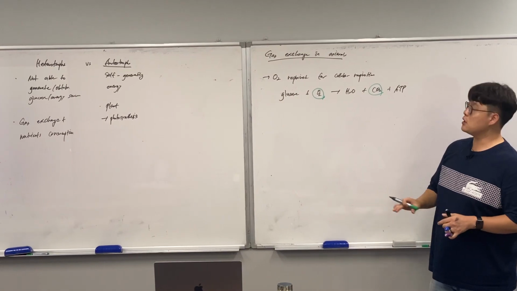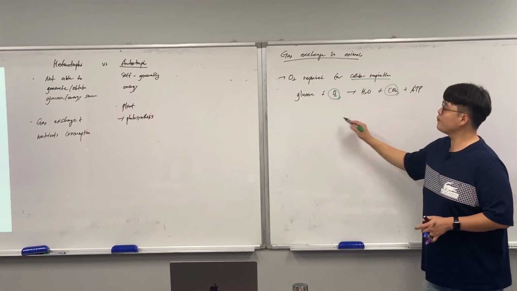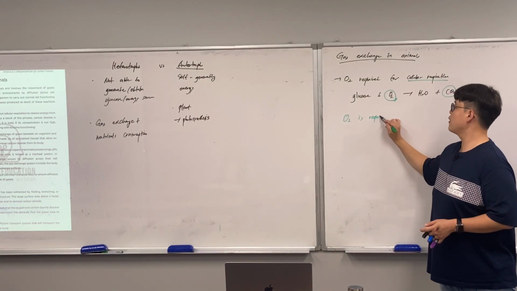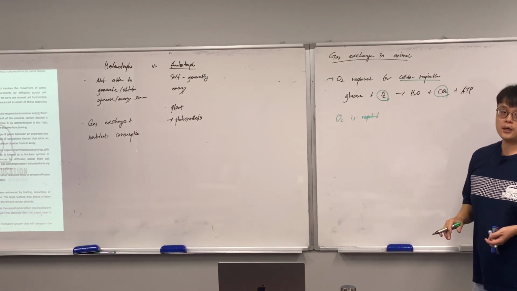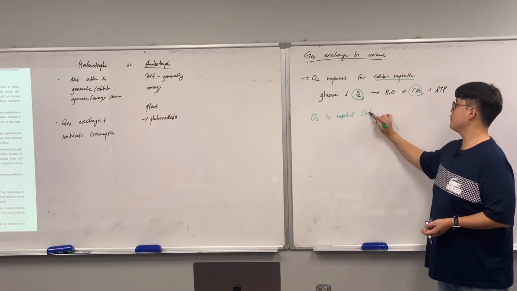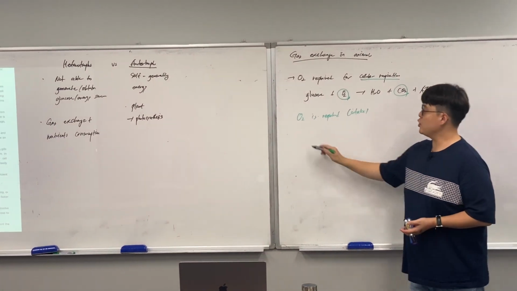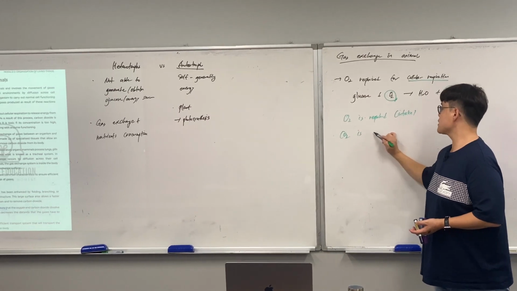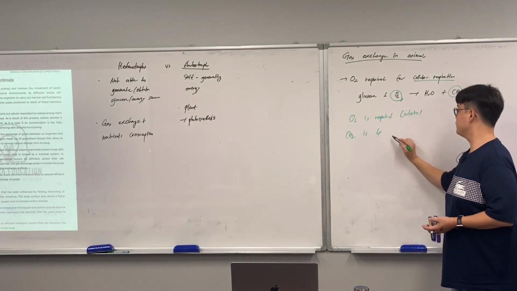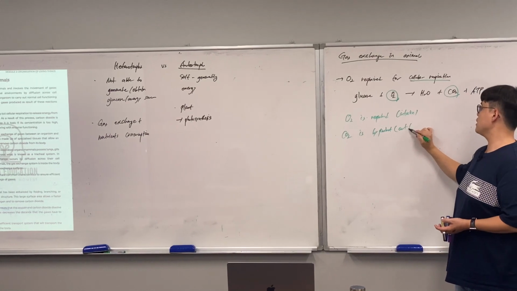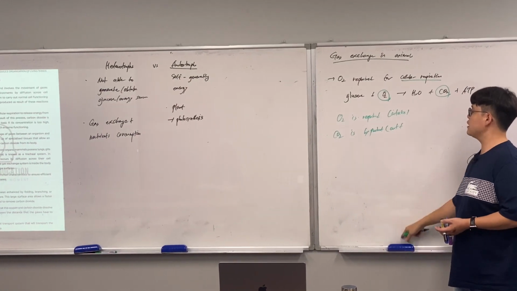So for cellular respiration, O2 is required, which means we need to intake the oxygen. CO2 is the byproduct, which means we should outtake it.